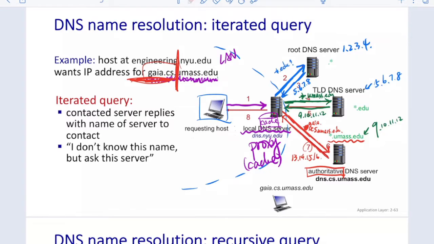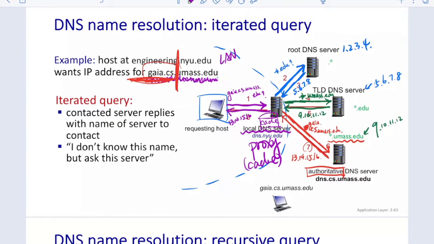Okay, and after that, the answer goes back. For example, 13.14.15.16 is the answer for gaia.cs.umass.edu. Of course, this local proxy DNS server will cache this pair, gaia.cs.umass.edu and 13.14.15.16.